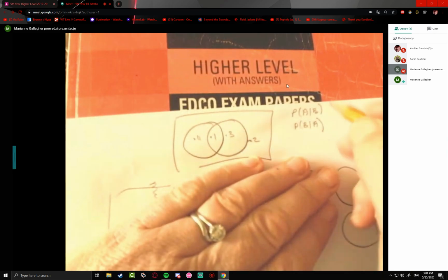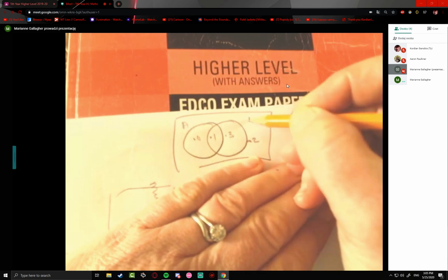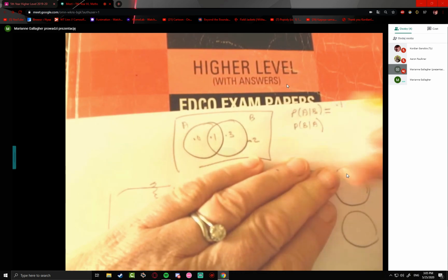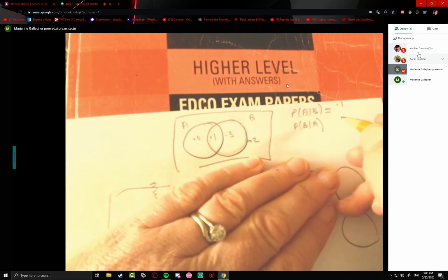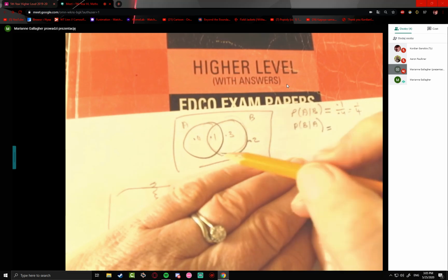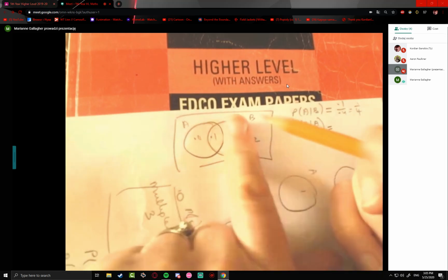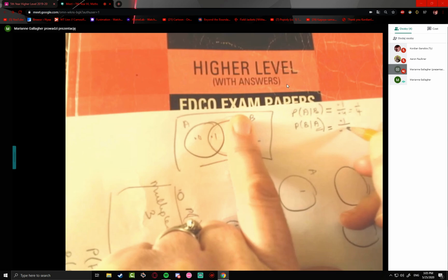The probability of A given B is the probability of A intersection B, which is 0.1, over the probability of B, which is these two together. That's 0.4. That's 1 over 4. The probability of B given A is, now we're just looking at this, that's the 0.1 over the probability that A has already happened, which is 0.5, so that's 1/5.